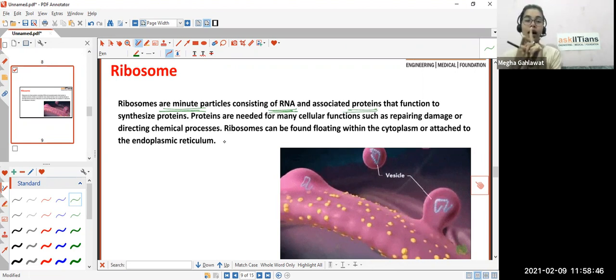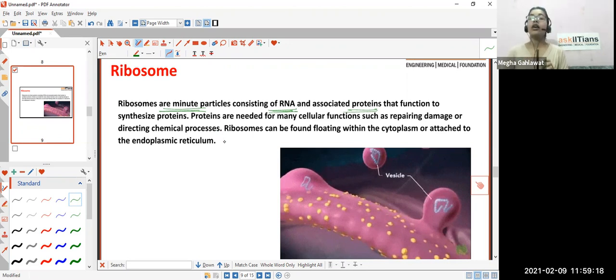Transcription is RNA being made from the DNA, and after transcription we have the following process called translation. In translation, mRNA which was produced by the nucleus will move out from the nucleus to the cytoplasm, where ribosomes will come and attach to it, and then they'll help in making the proteins with the help of the instructions encoded in the mRNA.